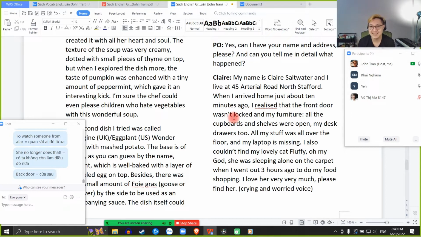My desk drawers too. All my stuff was all over the floor, and my laptop is missing.